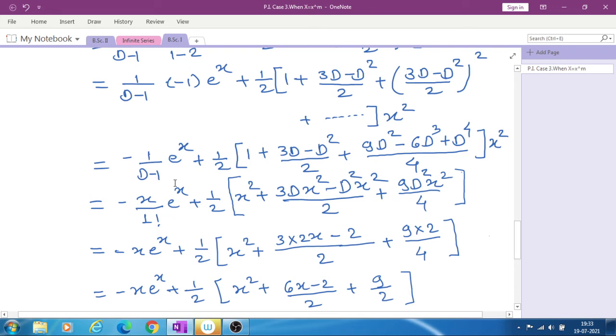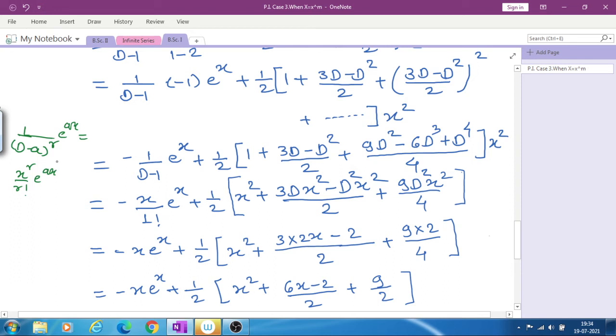This type was studied in the last lectures, but I write the formula here again. 1 upon f(D), if there is a factor D minus a, r times, then this becomes x raised to r upon factorial r into e raised to ax.